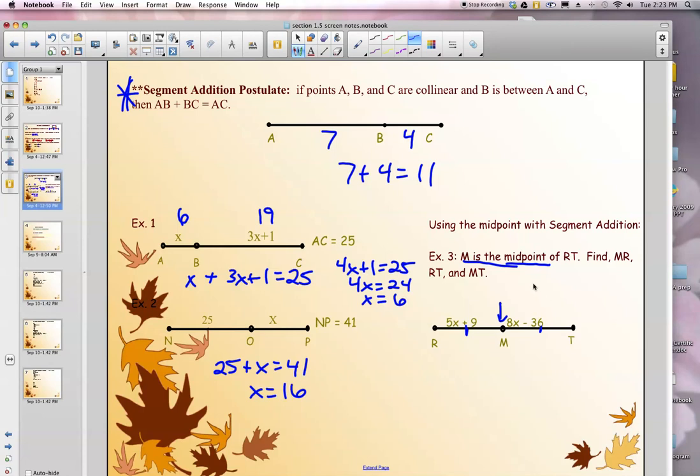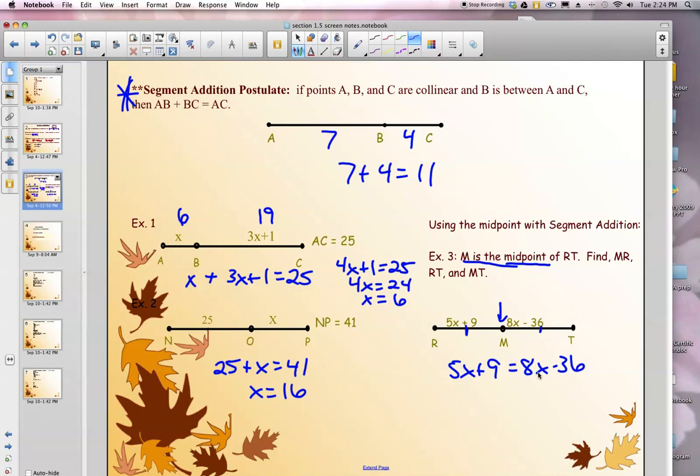In that case, we can set up the problem a little bit differently, because we know that 5x plus 9 has to be equal to 8x minus 36. Because M is in the very middle, whatever this is has to be equal to whatever that is.